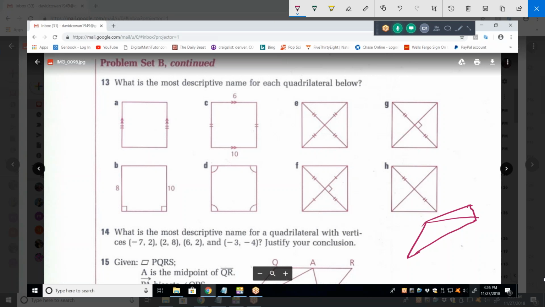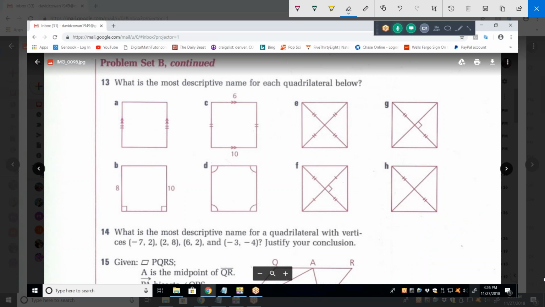If I draw the diagonals on it, I don't see where any one of them bisects the other. Unless it's just the way I've drawn it. Why do you think it's just any old quadrilateral? Because that's like the least specific.